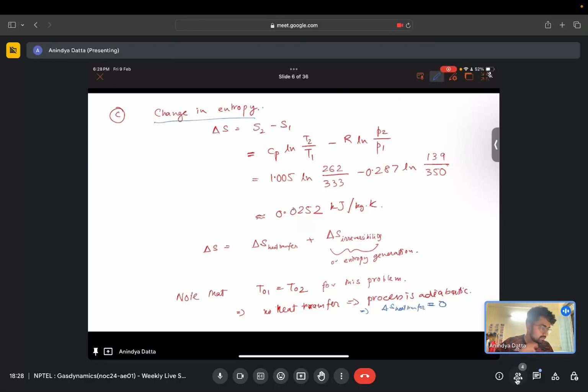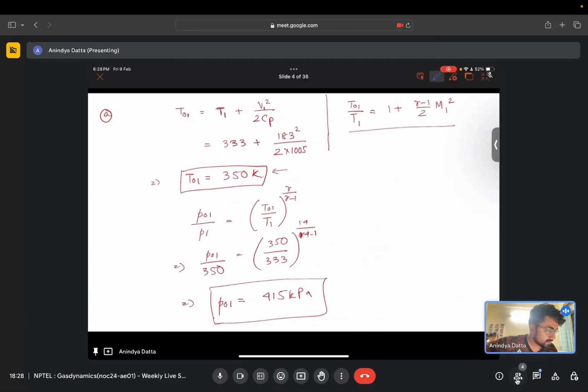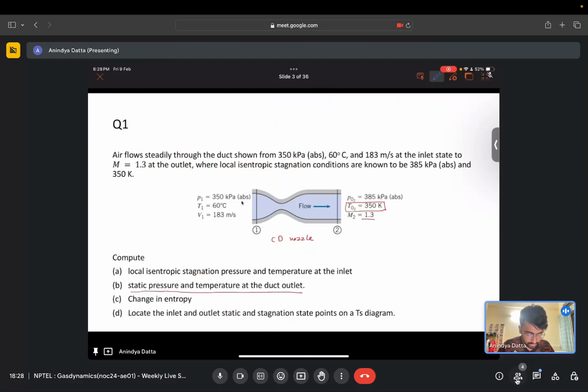Which means that the entropy change is because of irreversibilities. So for this problem we can definitely say that this is due to irreversibilities.